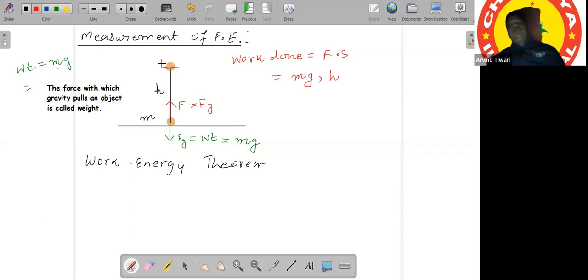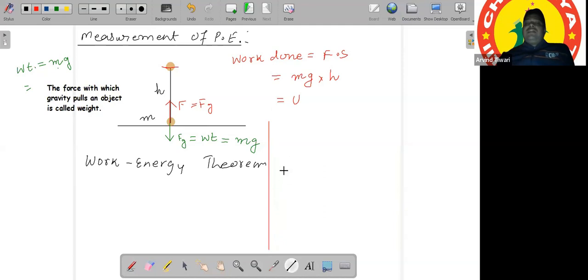At any time, the stone can do the work, which will be equal to mgh. So the work done by us is equal to mgh, and this is also equal to the potential energy of this stone. This is the formula of gravitational potential energy.